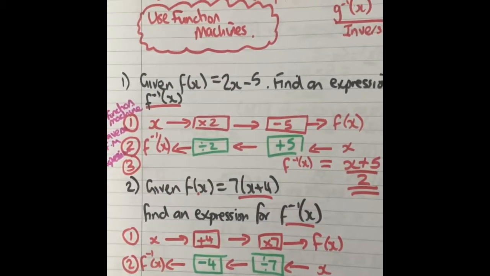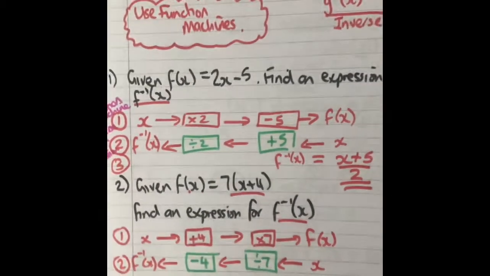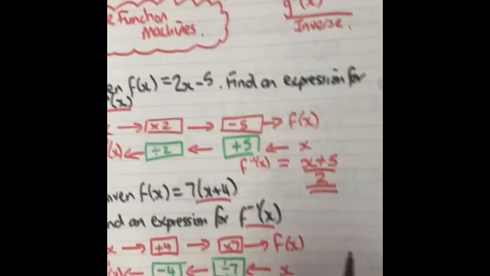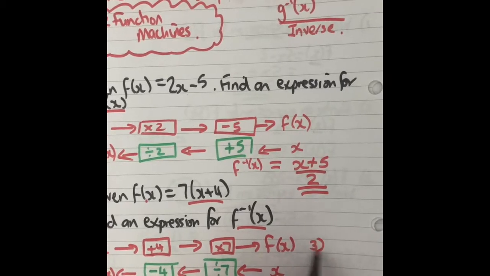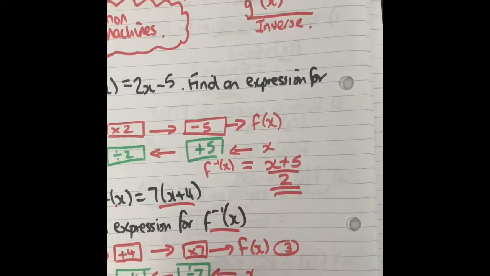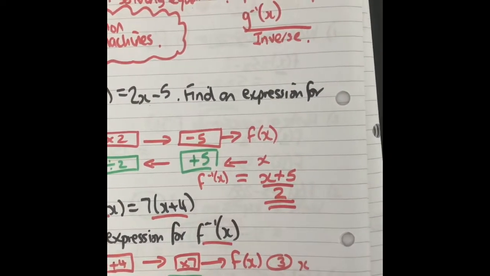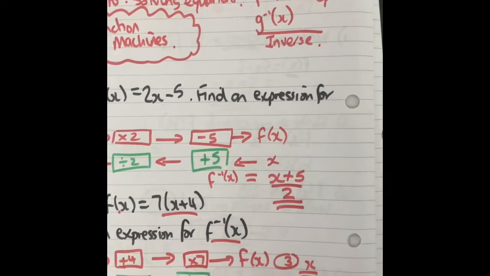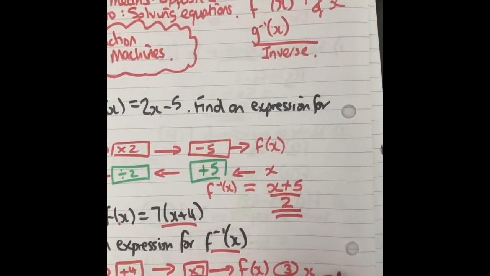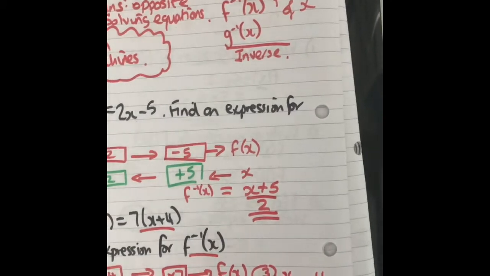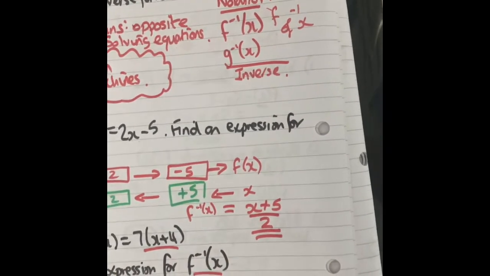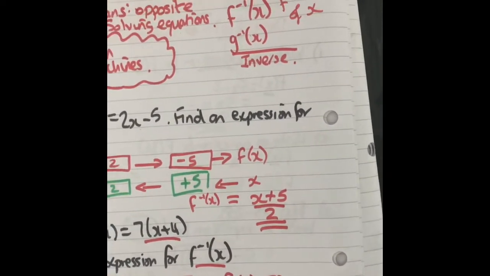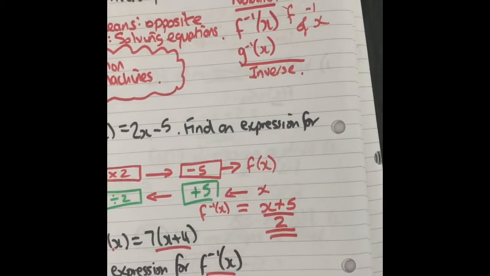So third step, you do an expression for that. We'll start with x, and then divide by 7, and then I take away 4. So that's what the expression would be. Be careful, it's not x minus 4 all over 7, it's x over 7, then minus 4.